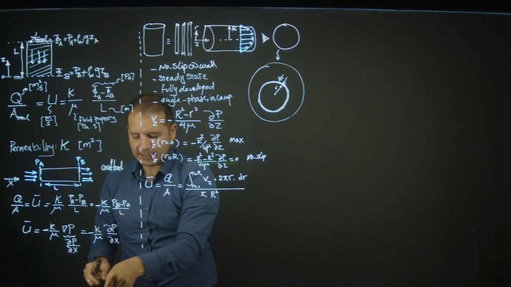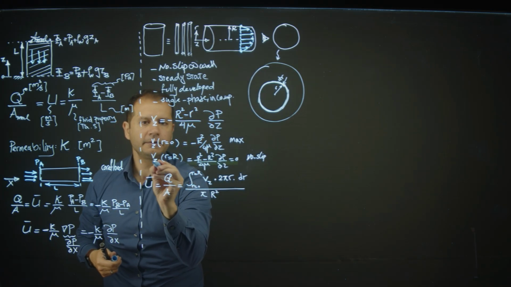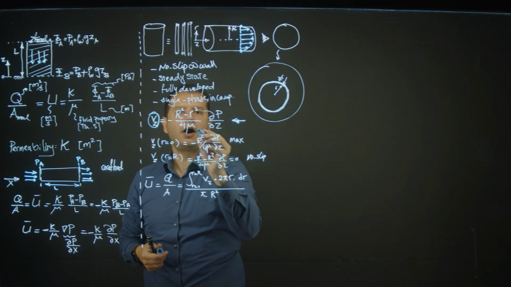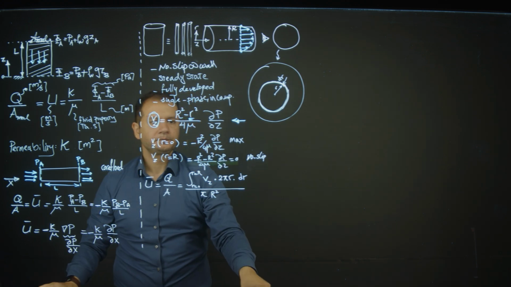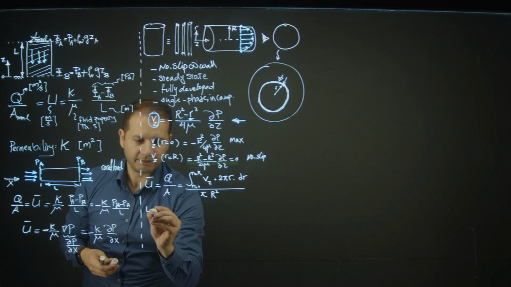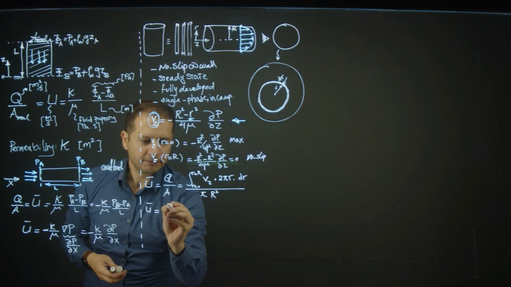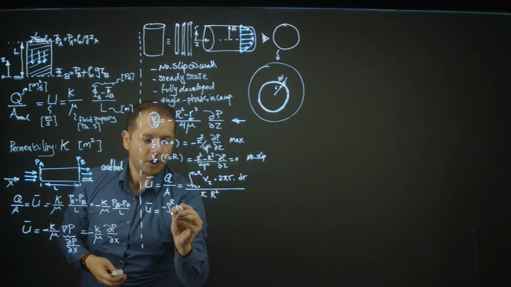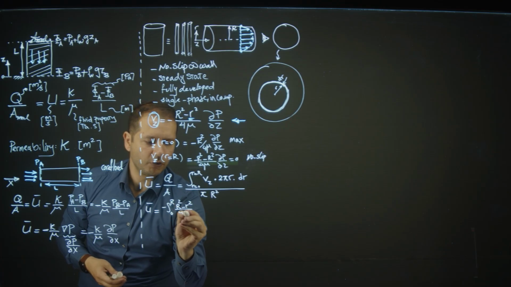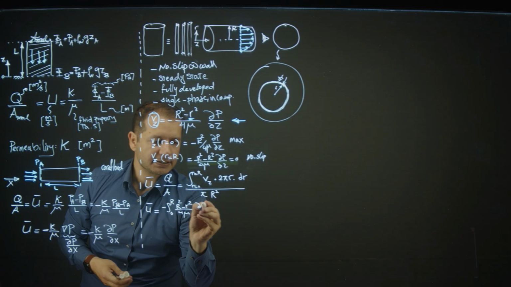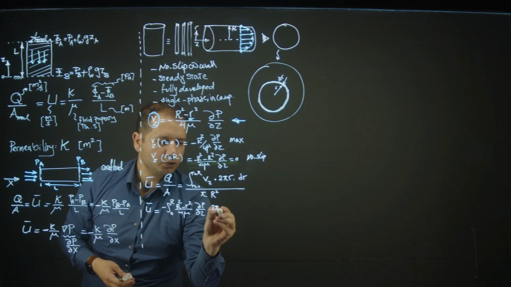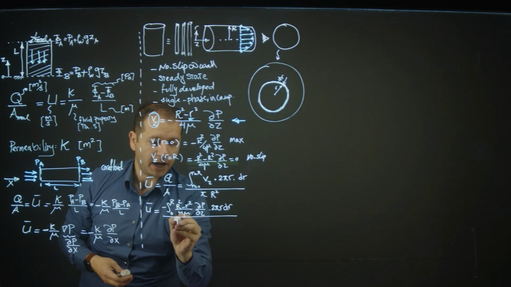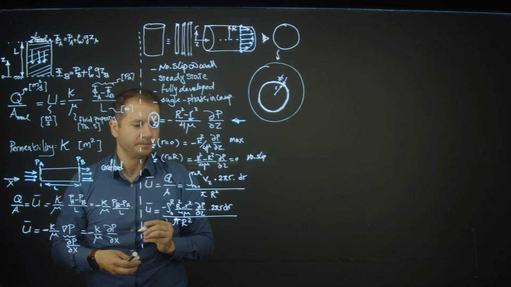Now, if I plug my V_z here, velocity as a function of r, I obtain my average velocity is the integration from 0 to capital R of minus (R² − r²) over 4μ, then the gradient dP/dz multiplied by 2πr dr, and then divided by πR².